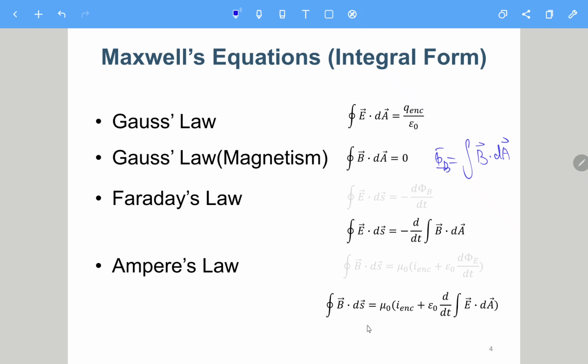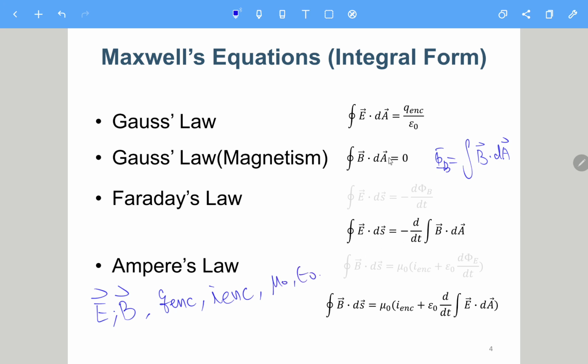So to make these four equations consist only of E, B, I enclosed, and Q enclosed, other things are constant. Epsilon 0 and mu 0 are constant. So to make things only consist of the E field, B field, and also Q enclosed, I enclosed, and also mu naught, epsilon naught.